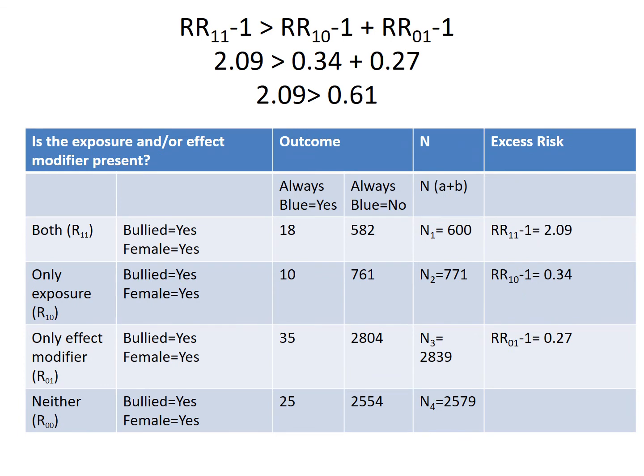So here the excess risk of both together is 2.09, and we're going to compare that to the 0.34 and the 0.27. And we find that 2.09, the excess risk of both together, is much greater than the added risk of just being bullied and just being female.